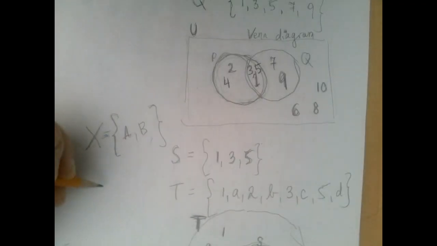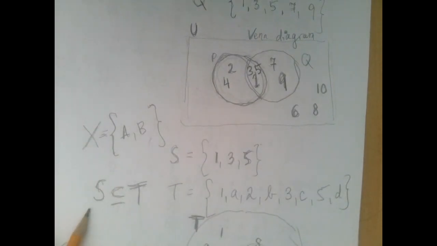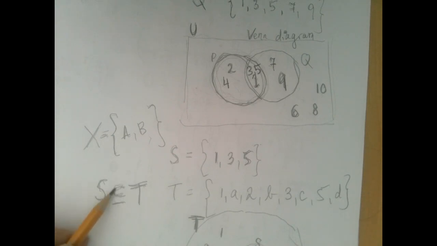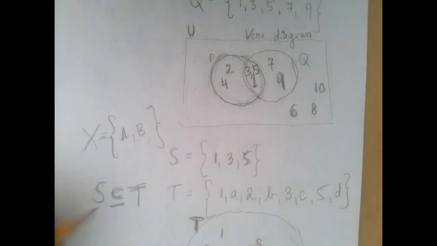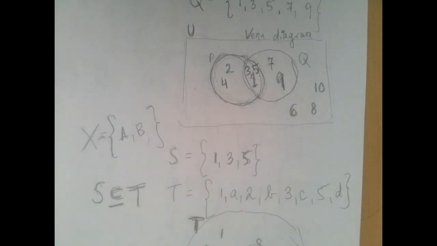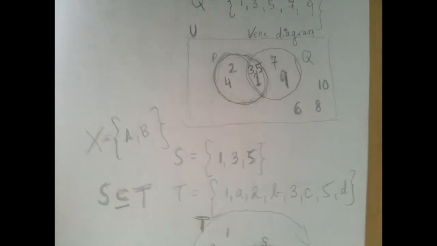So in this case, this is going to be the notation for S is a subset of T. This reminds me of the inequality. It's like when we smooth out an inequality symbol, and that bar here has the same function as in case of inequalities. And it also tells you who is quote-unquote small, right? S is smaller. Therefore, you can read this, S is a subset of T.